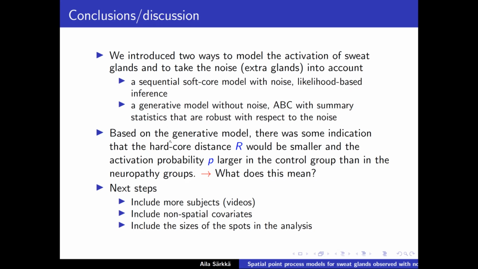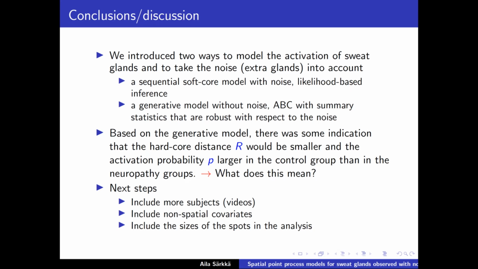Especially when we looked at the generative model, there was some indication that the parameter estimates are not exactly the same, especially when you compared healthy and neuropathy groups. But I think we still have to think about what this means.